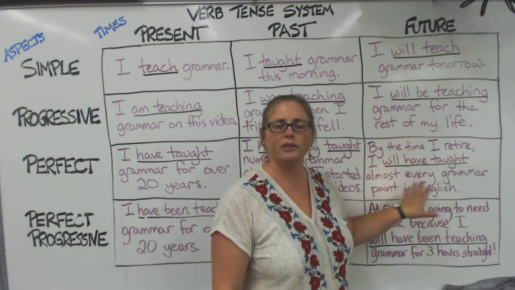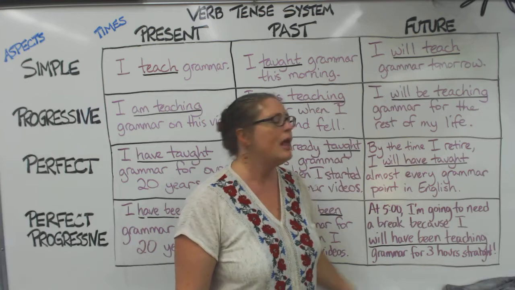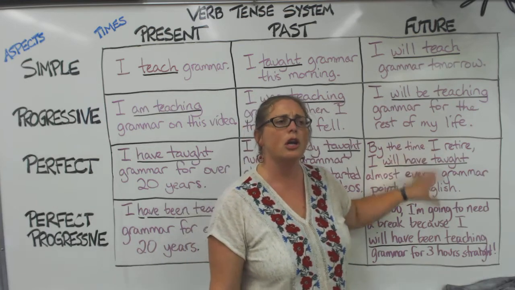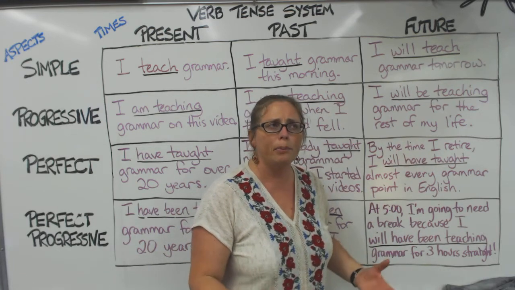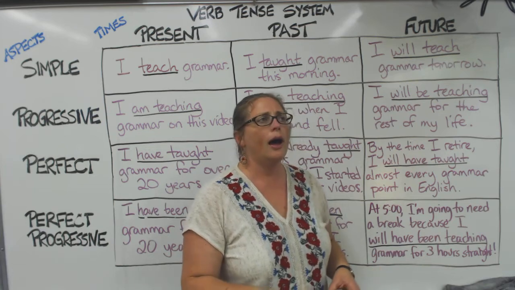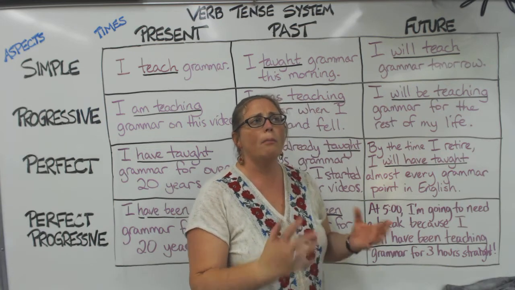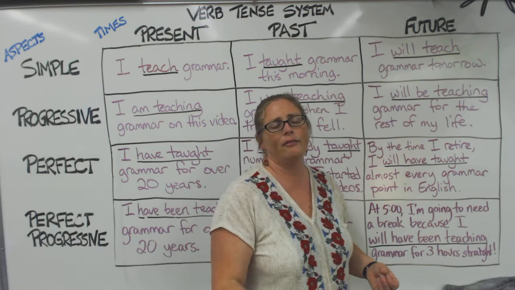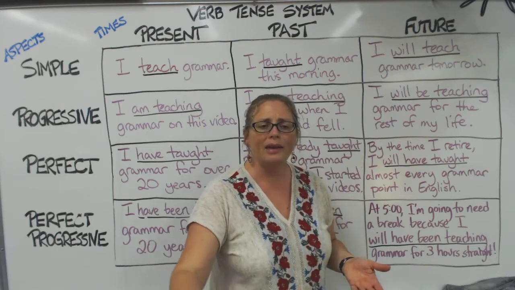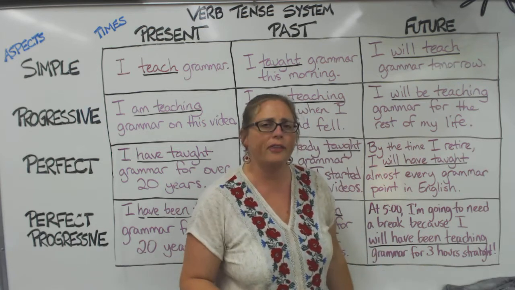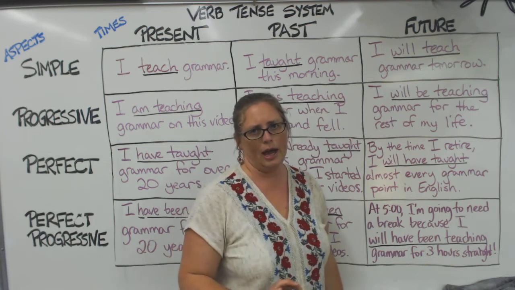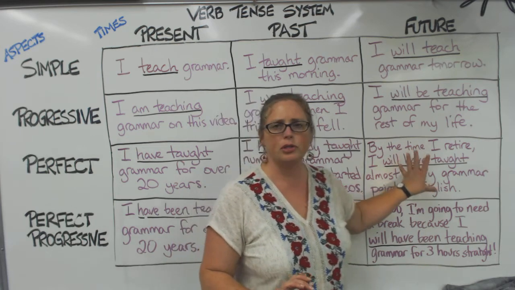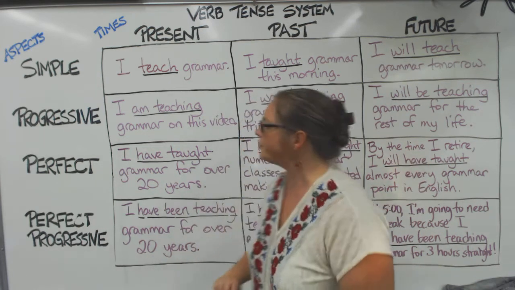I will have taught almost every grammar point. This is commonly used to talk about accomplishments, how much you will have done, or how many things are finished at a certain time. So it's often used for accomplishments.